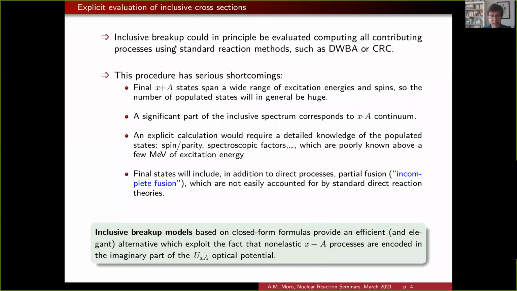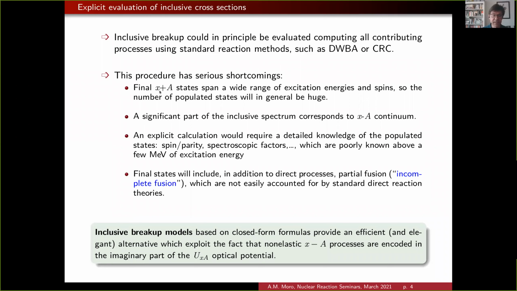So in principle, we might attempt to compute this inclusive breakup by, let's say, brute force, by summing one by one all the contributions that we consider can contribute to the inclusive cross-section using DWBA, or if we want some more elaborated theory like coupled reaction channels. But this brute force approach has some serious limitations and shortcomings.